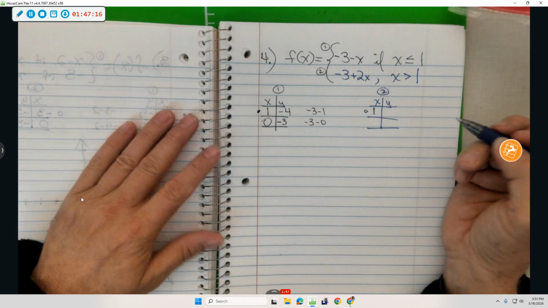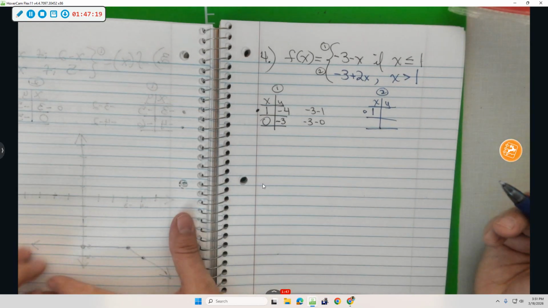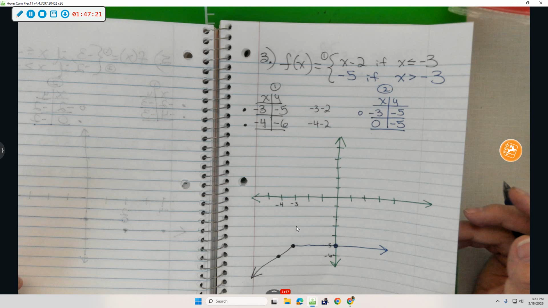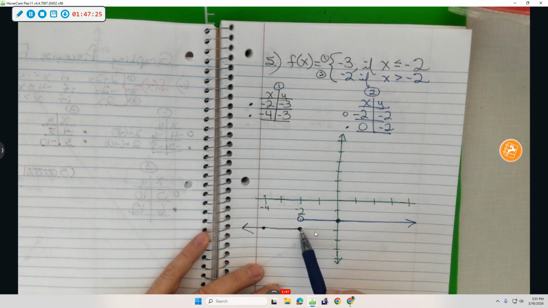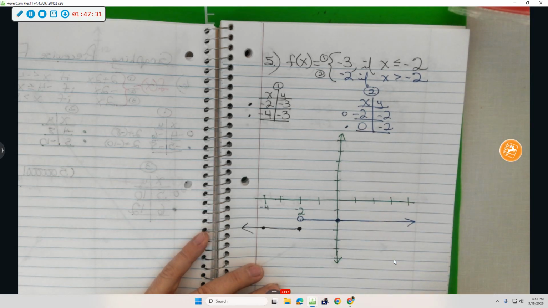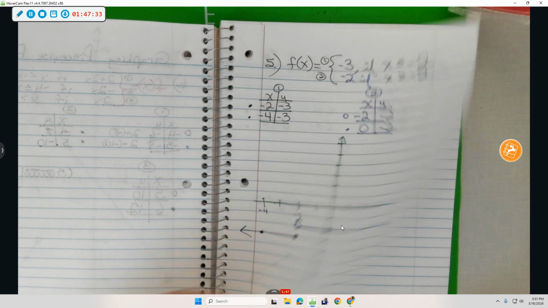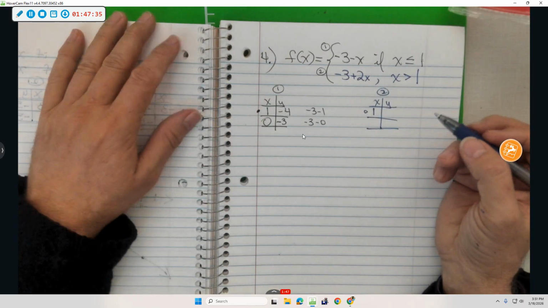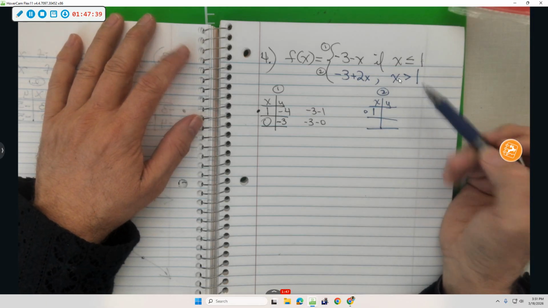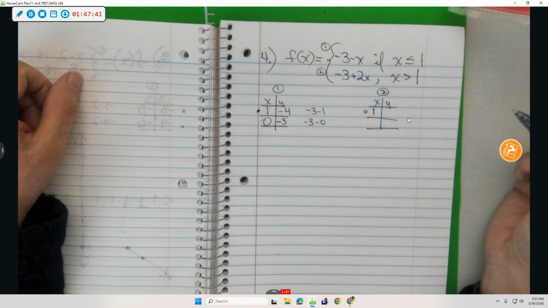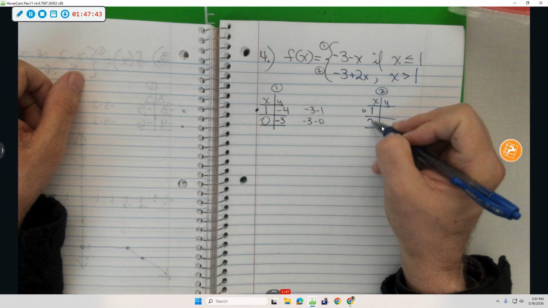For the same reason, you can't continue that graph. If you continued this black line this way, then it's not a function. A vertical line will intersect the graph in 2 spots. So keep in mind what you know about functions. Okay, we need another x value. What do y'all want to use for this blue piece? 2, okay.